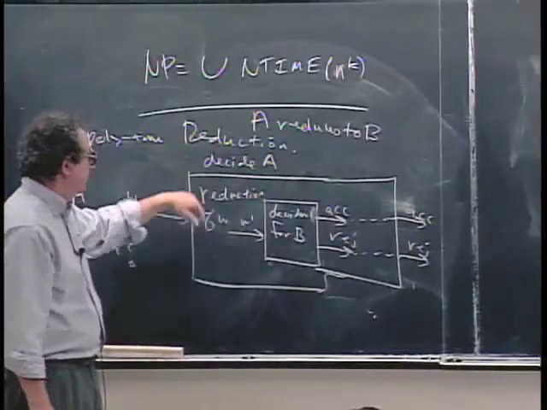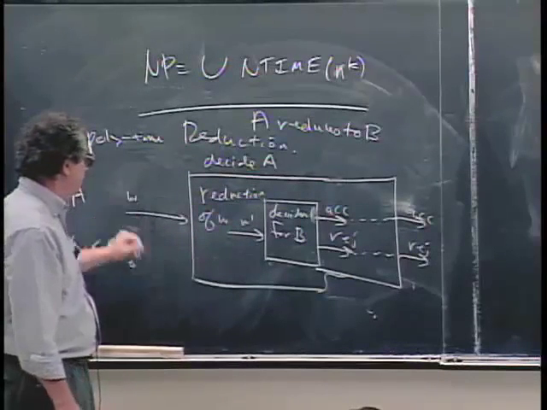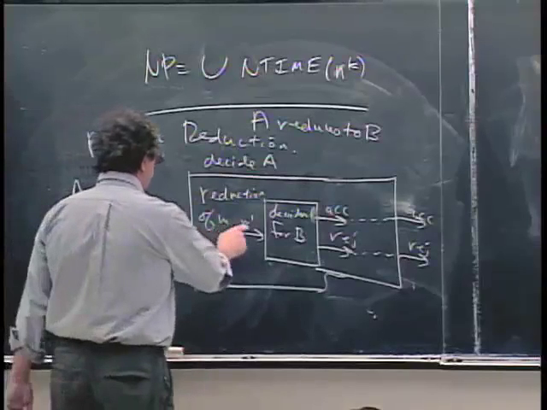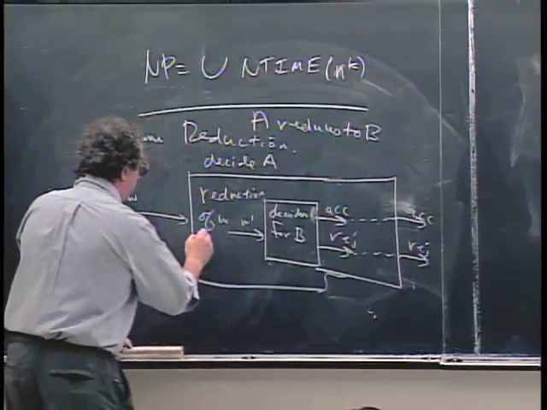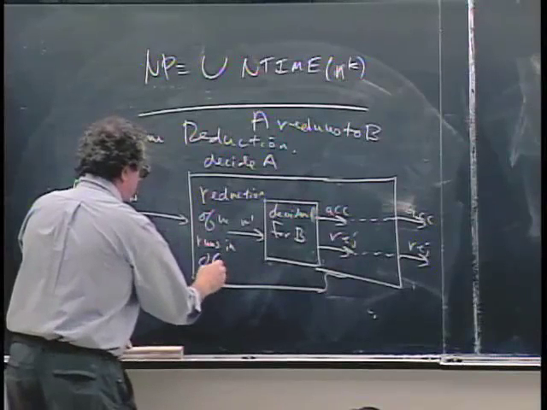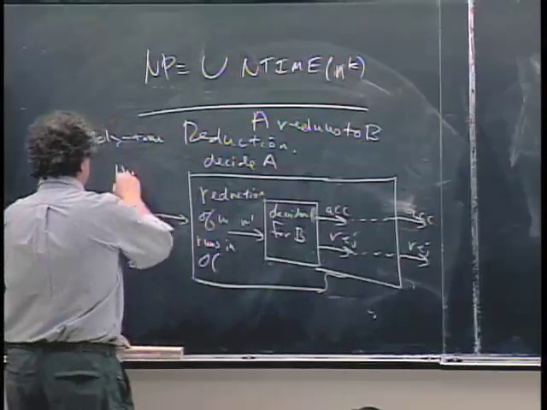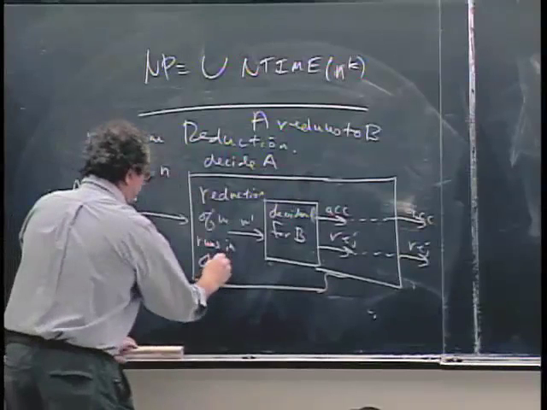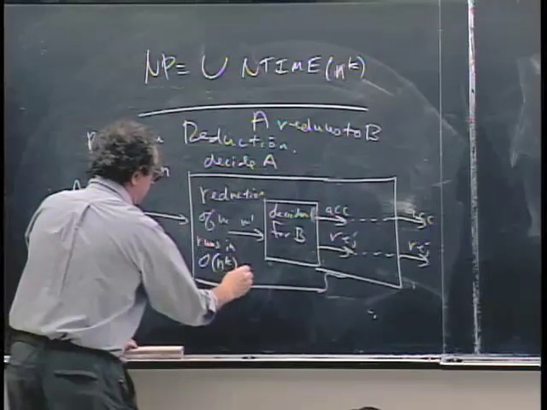The work time is bounded by a polynomial in the length of W. So the reduction of W to W prime runs in order n to the k for some k, where the length of W is equal to n.